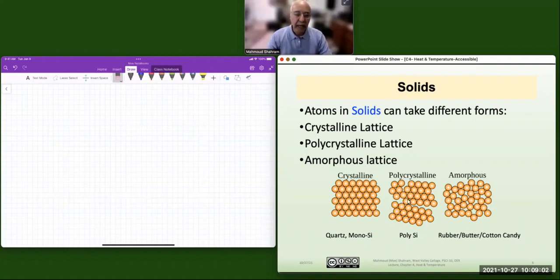Now you may have different lattices existing in one element, which could be silicon, but they have different sections that have different orderly crystals, and those are called polycrystalline. A good example is when you look at solar cell panels.